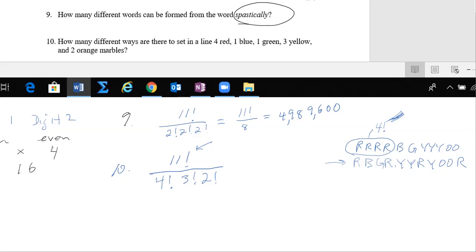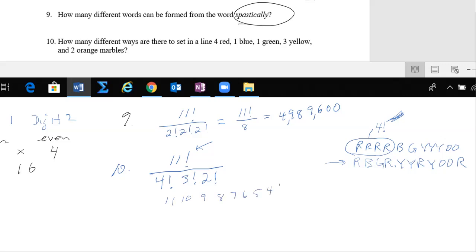So let's see what we got here. It isn't that much work. Actually, let's take a look at this. Let's expand this a little bit. 11, 10, 9, 8, 7, 6, 5.